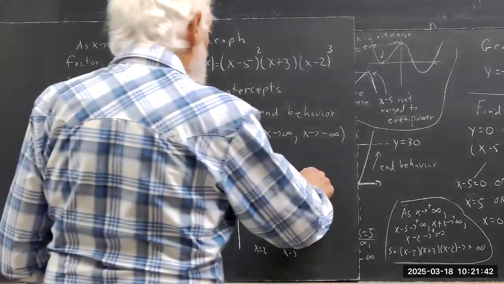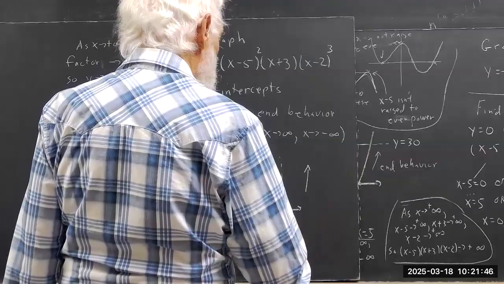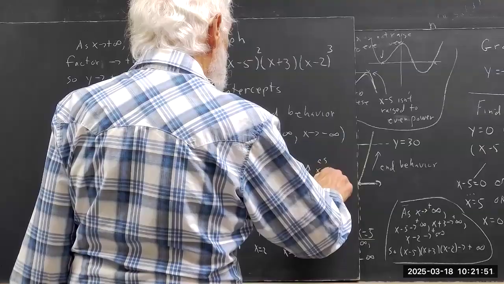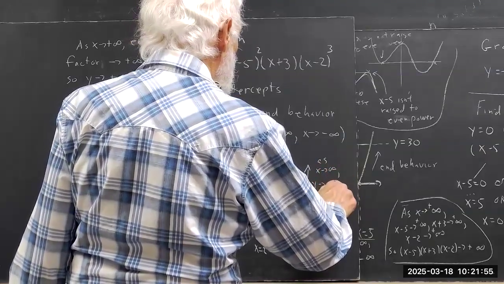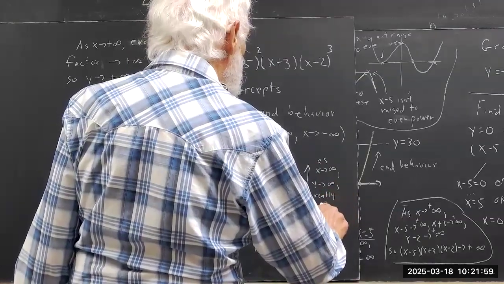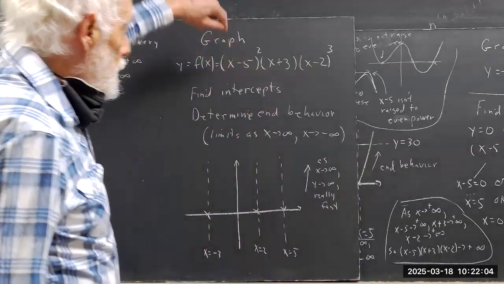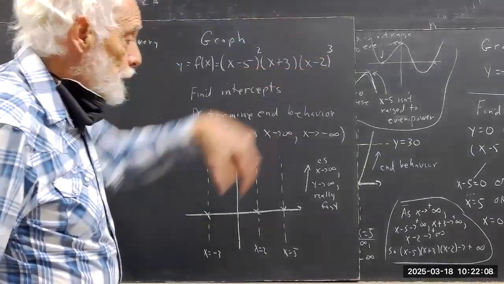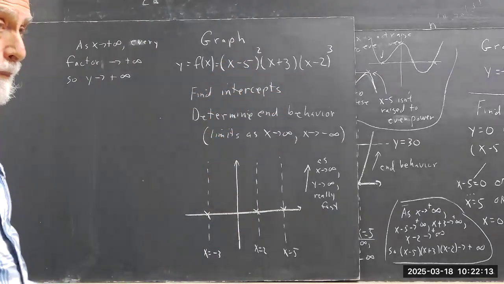So it's going to go up very fast after you hit x equals 5. And I say really fast, I didn't write out why, but you understand, because we have so many terms that approach infinity being multiplied together.